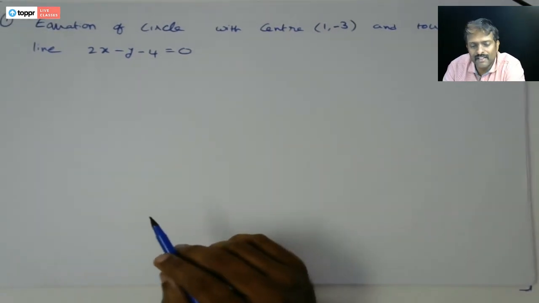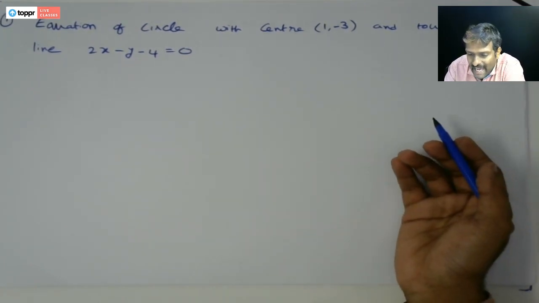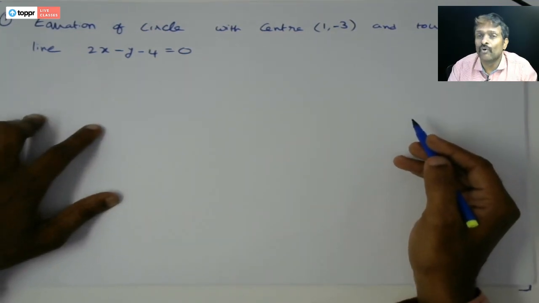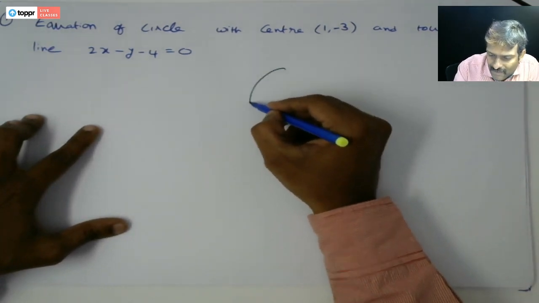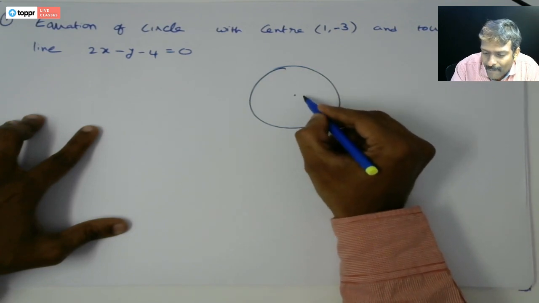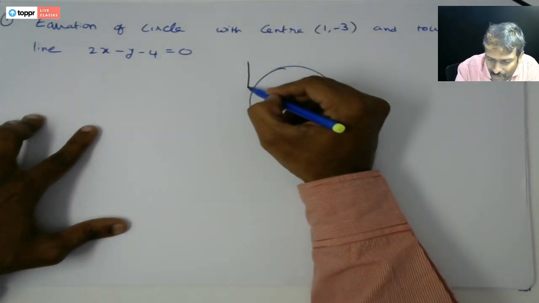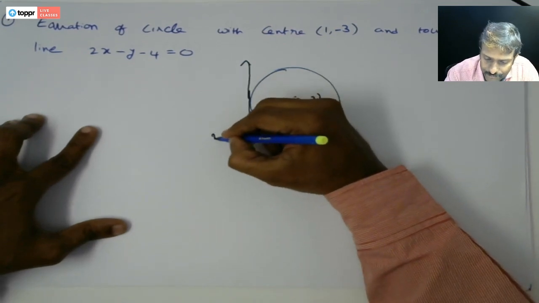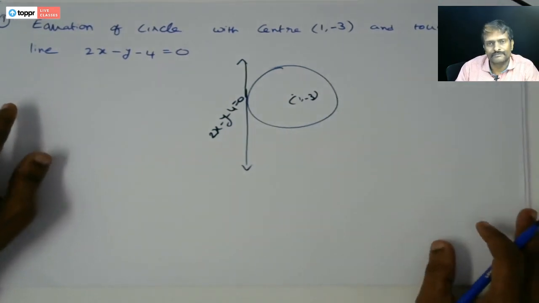So the first question here is: the equation of the circle with center (1, -3) and touching the line 2x minus y minus 4 equals 0. I think we just discussed this one. Say there is a circle whose center is at (1, -3), and it is touching the line 2x minus y minus 4 equals 0.